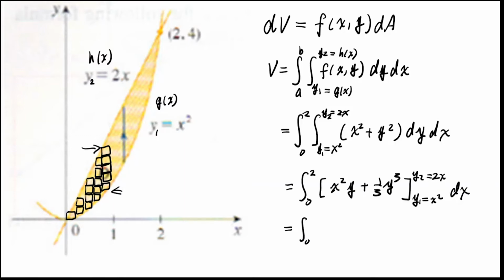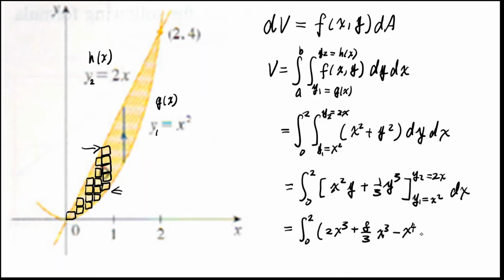Now we substitute this into both limits, right? So what we have is 2x cubed, substituting 2x, and then here 1/3 of 2x, so 8/3 x cubed. With me? And then substitute x squared minus, so x squared here gives x to the 4th power.